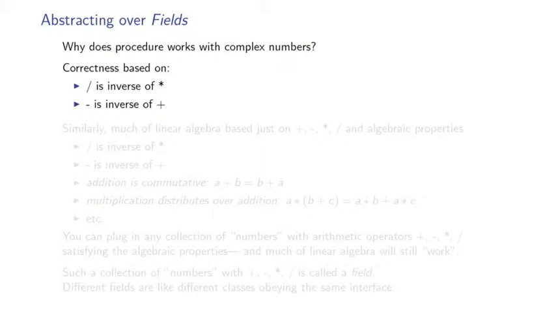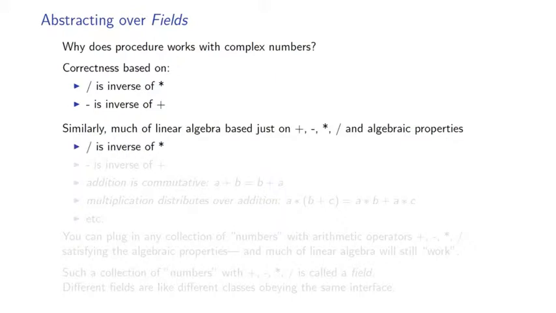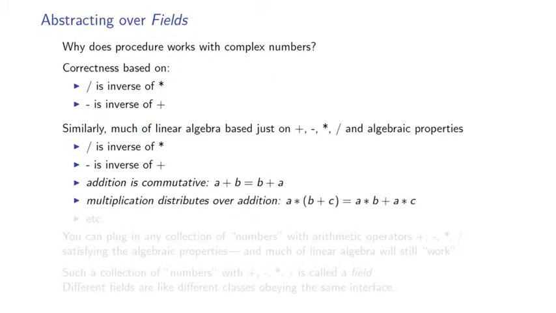Similarly, much of linear algebra is based on a few simple facts about the operators plus, minus, times, and divide. Division is the inverse of multiplication. Subtraction is the inverse of addition. And other algebraic properties, such as that addition is commutative: the order doesn't matter. And multiplication distributes over addition.